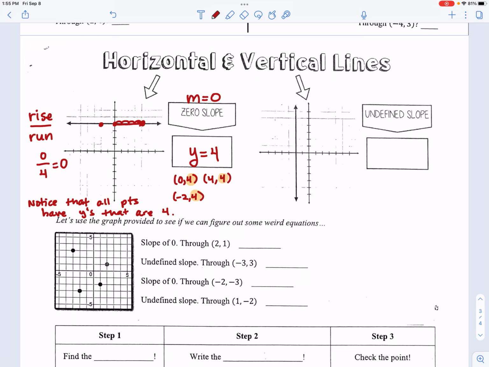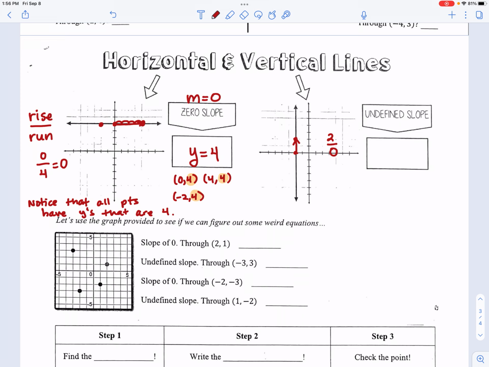If we have, in this case, a vertical line, this is an undefined slope. And the reason is, if I do a rise over run, say I pick those 2 points, my rise is 2. My run is 0. I'm not going anywhere else. I'm just going straight up. Well, if I try to plug that into a calculator or know the rules of dividing by 0, it is not possible.